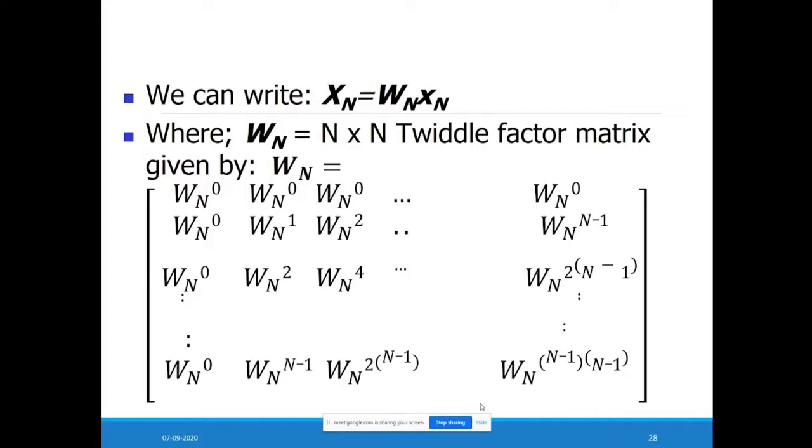Please let me know as you finish, then we go for the solution of example. At least one or two we try to solve today.